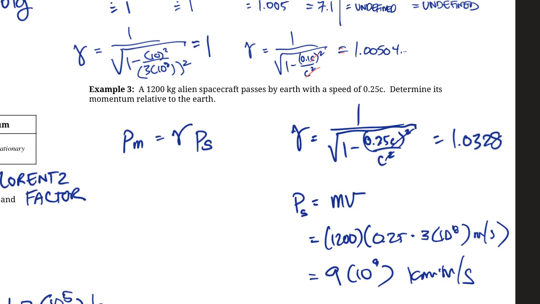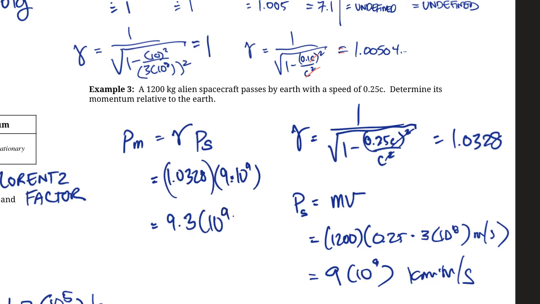And now that we know that that's our rest momentum, all we need to do is plug that into our equation for the relativistic momentum, which is going to be 1.0328 times 9 times 10 to the 9. And what we get is 9.3, we'll round to two significant digits, times 10 to the 9 kilogram meters per second.